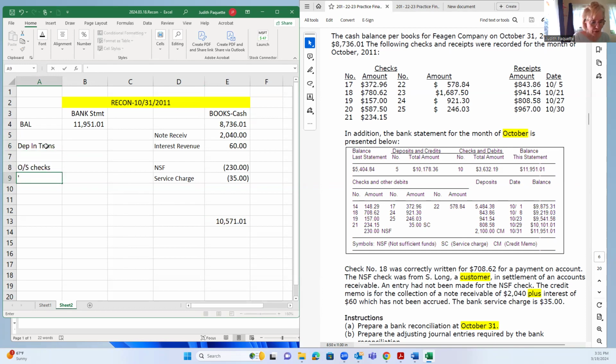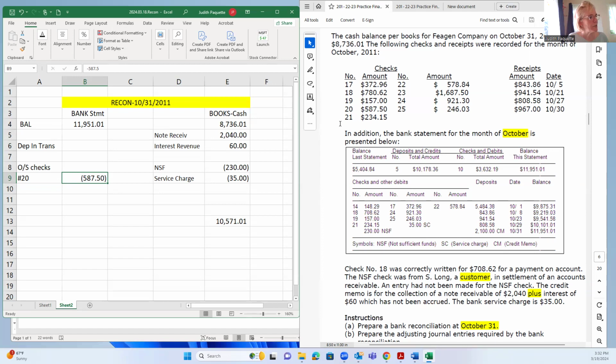So we know check 20 is still outstanding, and that's going to be for that $587.50. Now, that has to be subtracted from the bank account. So I'm going to make a negative there, because what it's saying is the company's already subtracted it. They've written the check. They've mailed it to a vendor or a supplier, but there's some timing issue and it hasn't cleared the bank yet. So it's an adjustment. It's still outstanding.